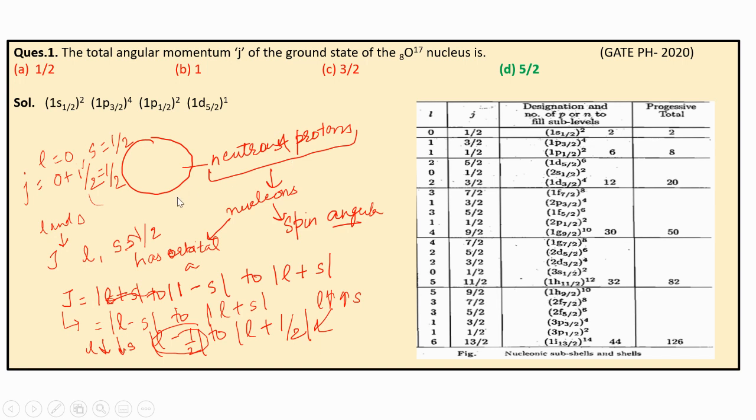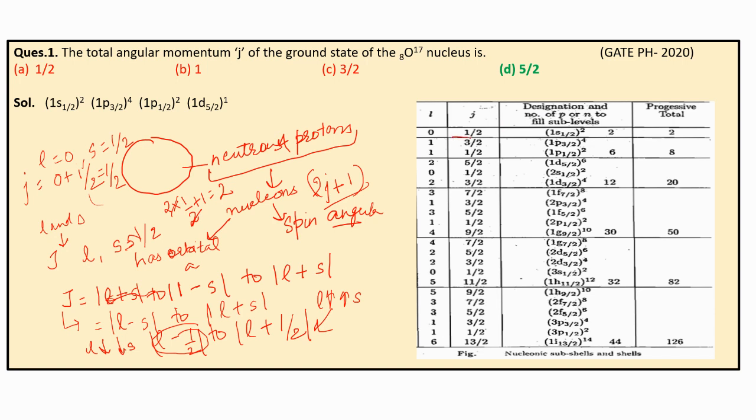Now, how many neutrons or protons can this 1s 1/2 sublevel house? That will be given by 2j plus 1. Okay, that means if the j value is 1/2, it can house how many neutrons or protons? 2 neutrons or protons. Got it? This I have explained about this state.